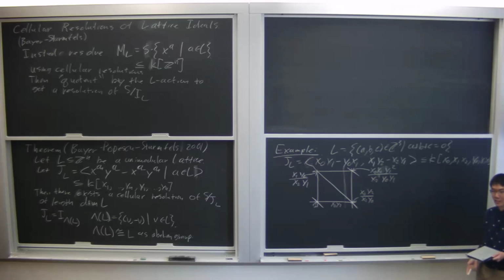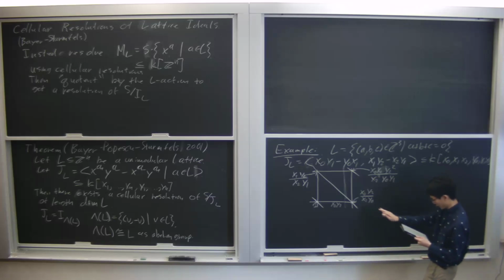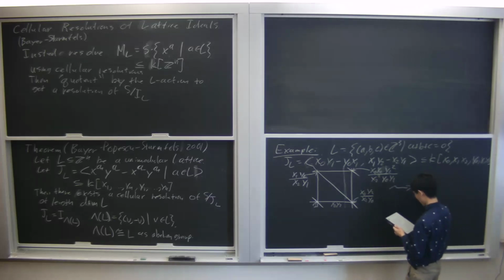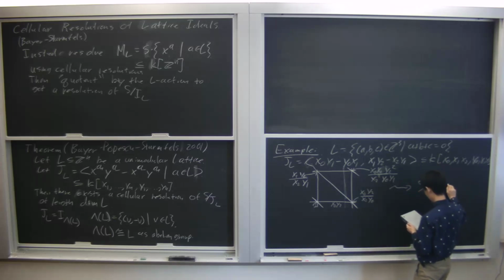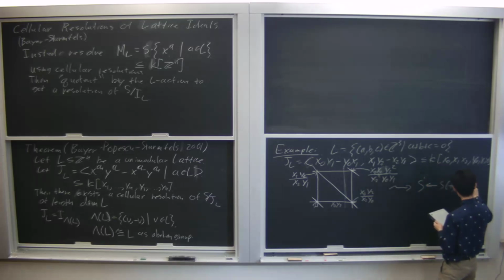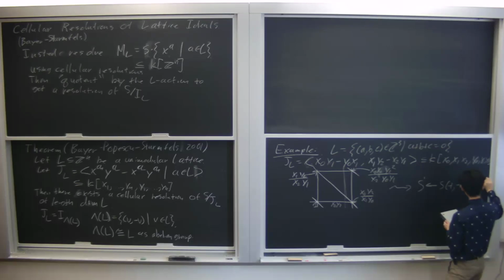So how did I actually construct this? Well, broadly speaking, this will give me a resolution. Let me write down the resolution. This will give me a resolution, and this resolution will be S. This might look a little weird.